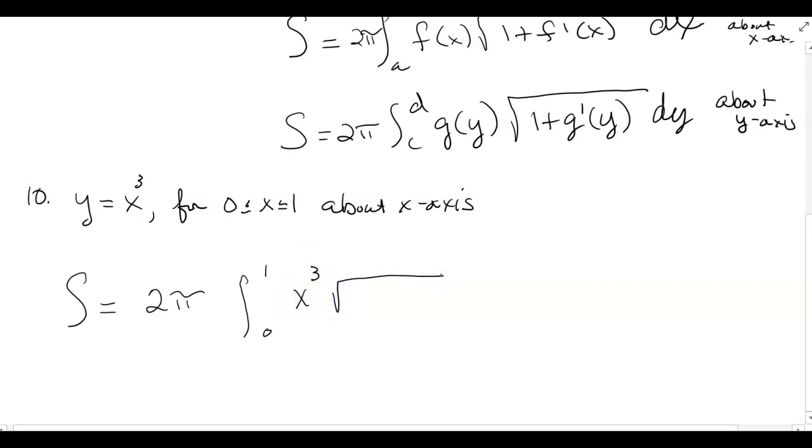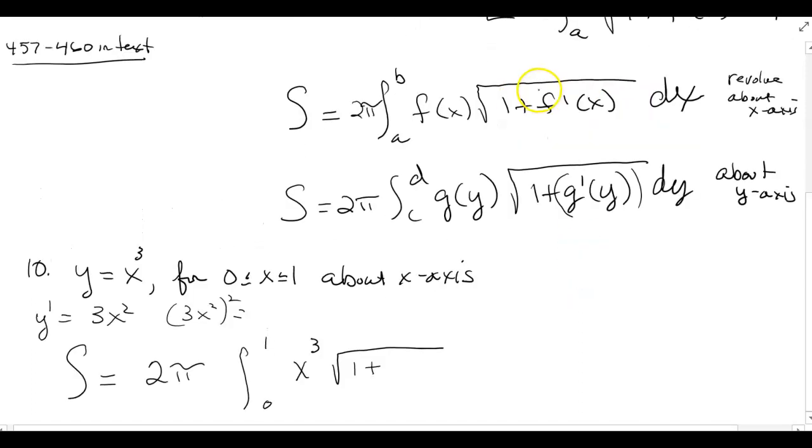radical. So one of the things you also want to do is we need y prime, right? We need our derivative. Don't forget to take your derivative each time. That's just 3x squared. 1 plus, and of course, 3x squared, because in the formula, which I forgot to put on each of these.